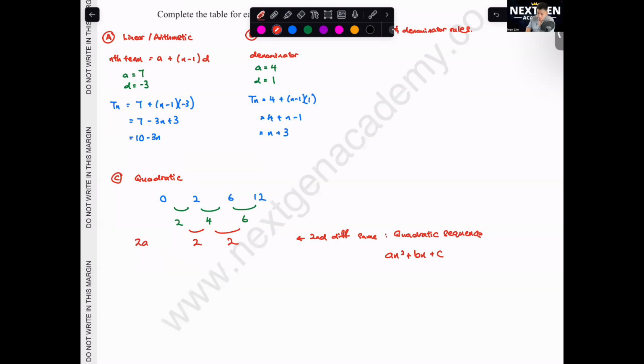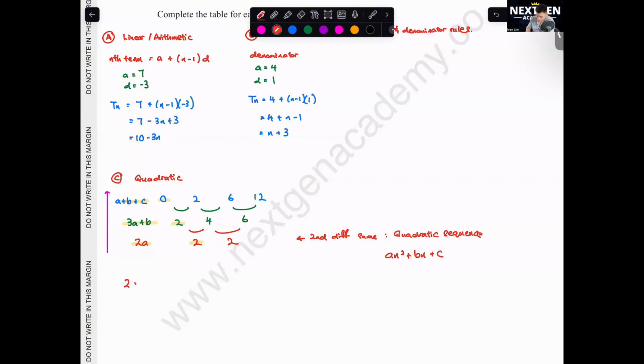You're going to start from the bottom. The bottom is 2a. The first difference is 3a plus b. Then here, a plus b plus c. You just equate it to the first value, starting from the bottom and going up.